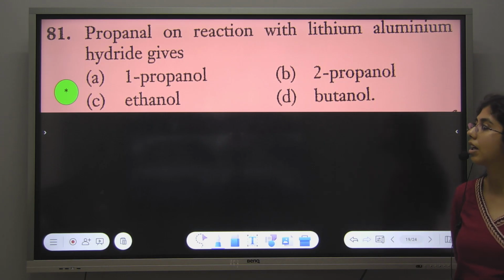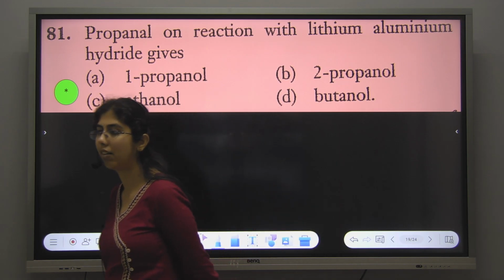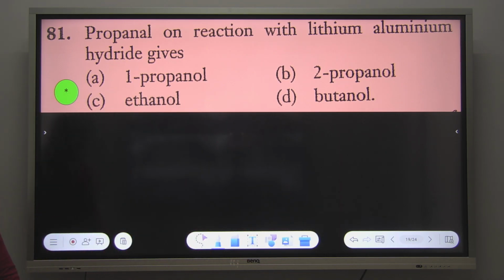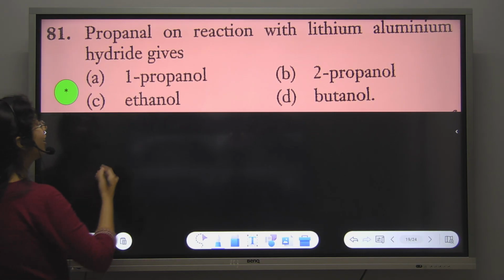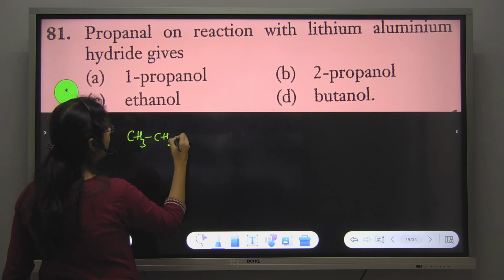Propanal, okay, that is al, which means it is an aldehyde. Option B, ethanol? Primary alcohol? Option B, ma'am. Second one.